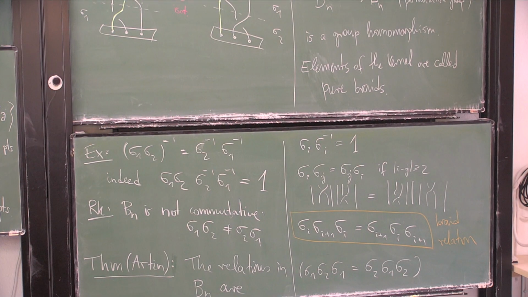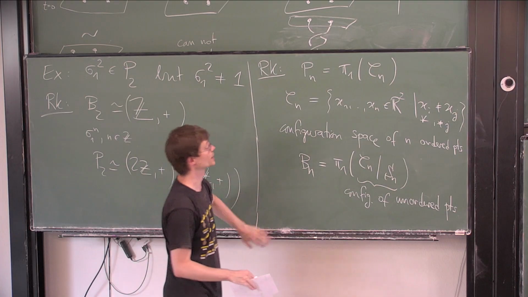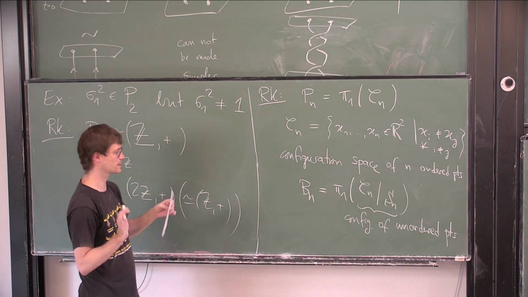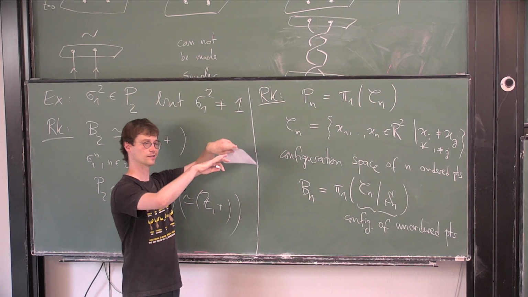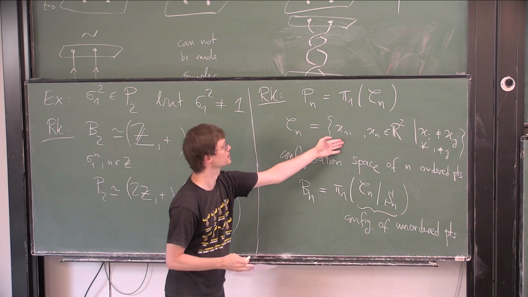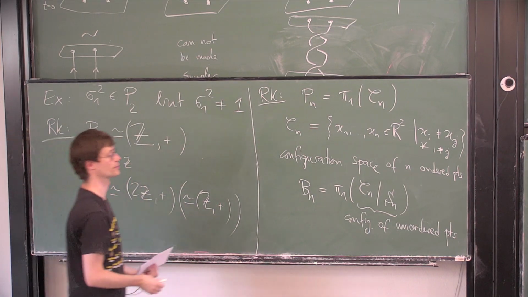Again, if you don't know what a fundamental group is, it doesn't matter. Just for those doing topology, there's a nice topological interpretation. I think physicists really like this idea of moving particles, and the exact mathematical analog is this kind of fundamental group in some space of configurations of points.